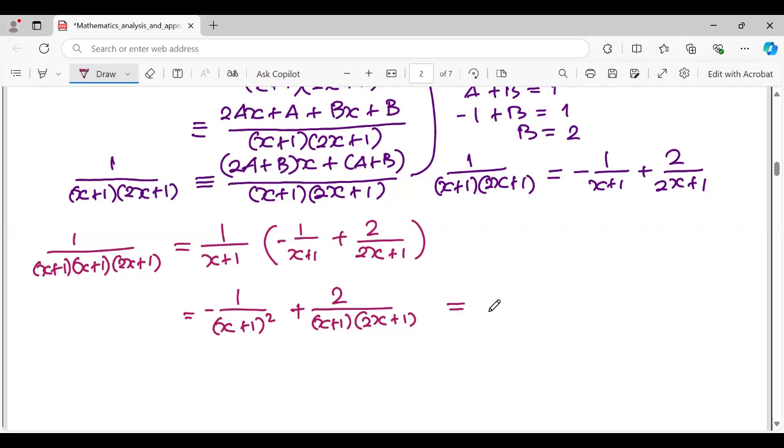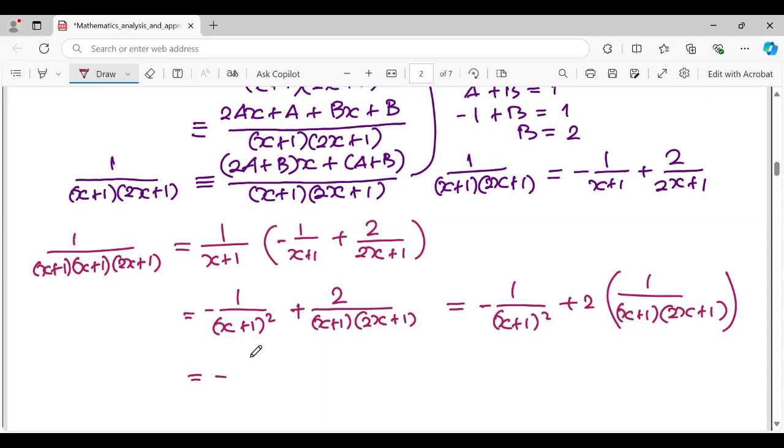It's going to be minus 1 over x plus 1 squared plus 2 in brackets, 1 over x plus 1 times 2x plus 1.